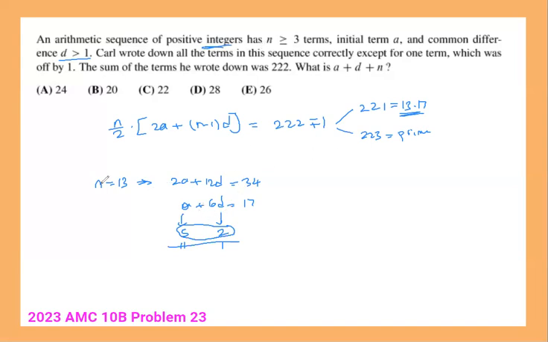So that's why we know n is 13, a is 5, d is 2. There is no other way to satisfy these conditions. So the sum is 5 plus 2 plus 13, which is 20. I hope that makes sense. This was number 23, just using the common approach that we use to get the formula. After that, we just use our number sense. Okay, I'll see you in the next video.